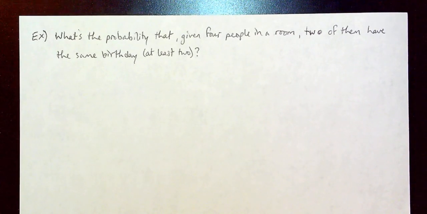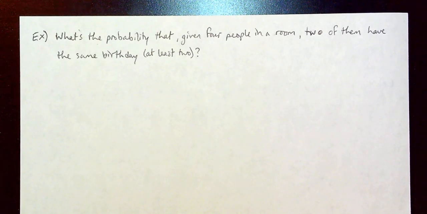What's the probability that, given 4 people in the same room, at least 2 of them have the same birthday? And we can generalize this to any number of folks: 10, 20, 50, 100, whatever. What's the probability that, given a certain number of people in a room, at least two of them have the same birthday?